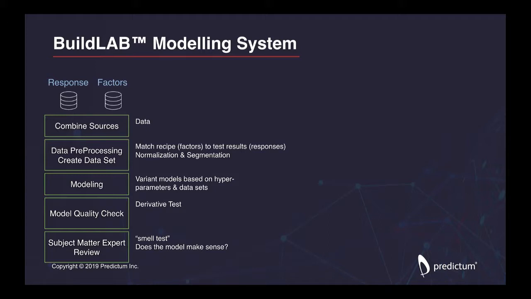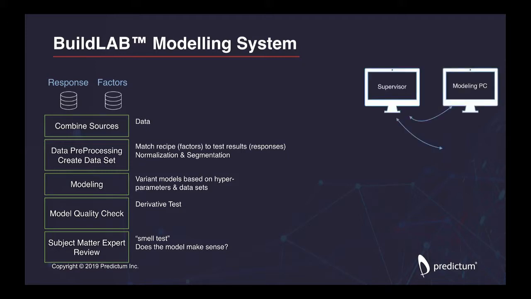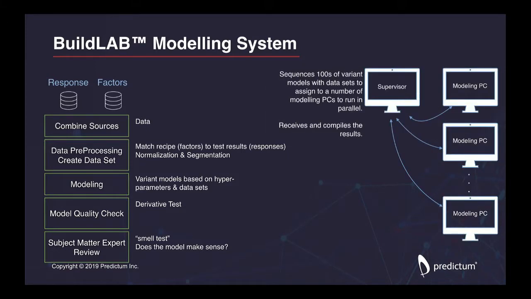And one reason why it may not is because of the arrangement of the data. So we have to go back and start working on the data. Sometimes there are outliers in there that shouldn't be there, or what have you. So the architecture looks something like this. There's a supervisor machine which is orchestrating the work.